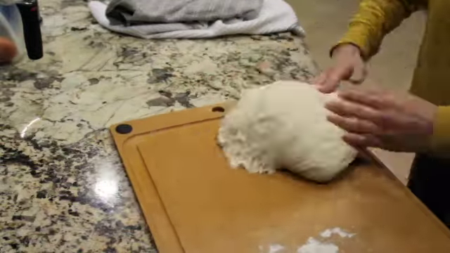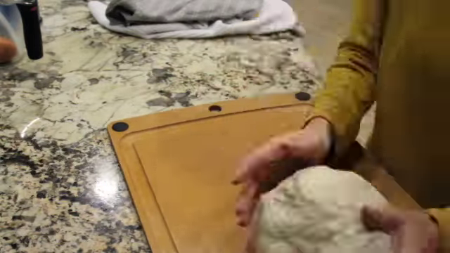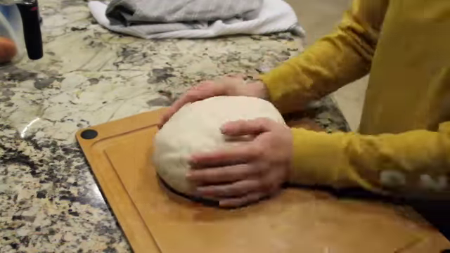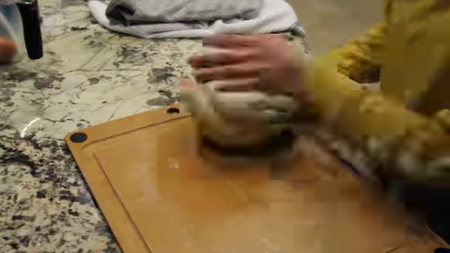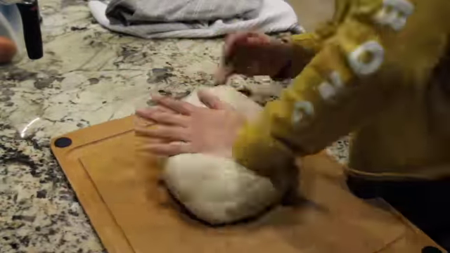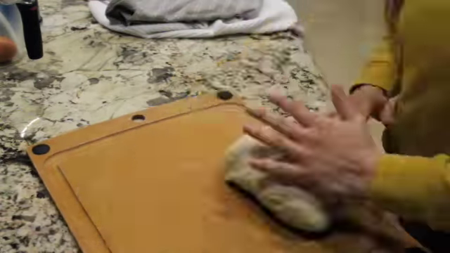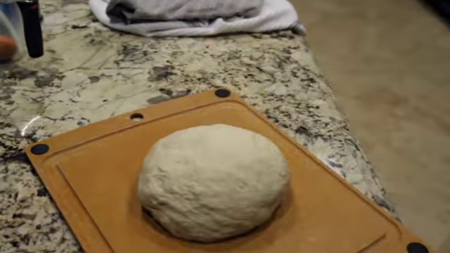As you can see, the more that the dough is kneaded, the less sticky it becomes, and the more it becomes one giant ball of dough instead of a sticky mess.